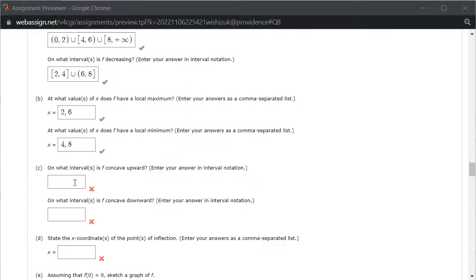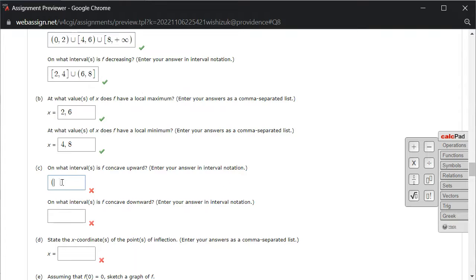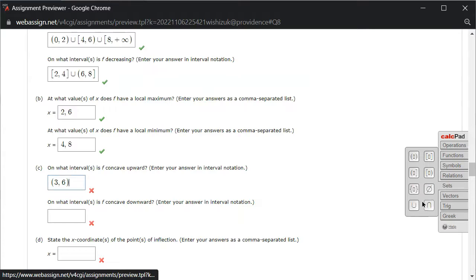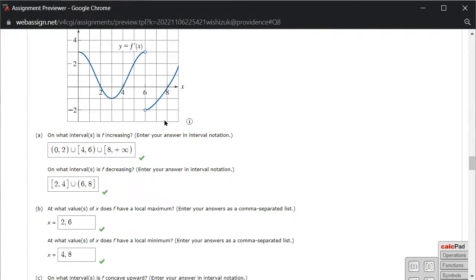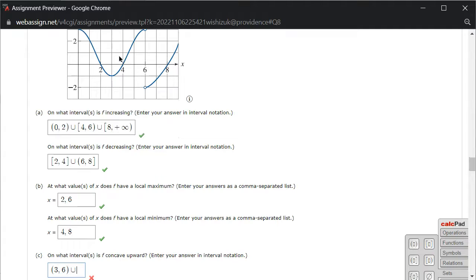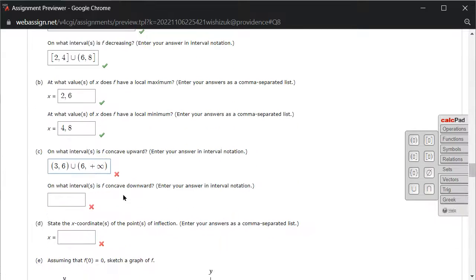So it's going to be concave up from 3 to 6, and also it's actually all the way from 3 to infinity. So maybe I'll just do that, 6 to infinity.